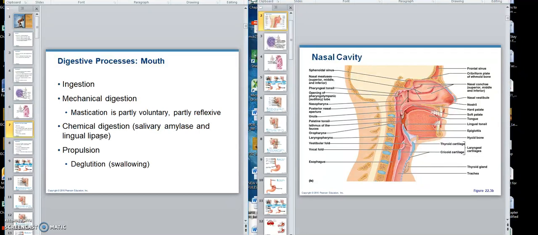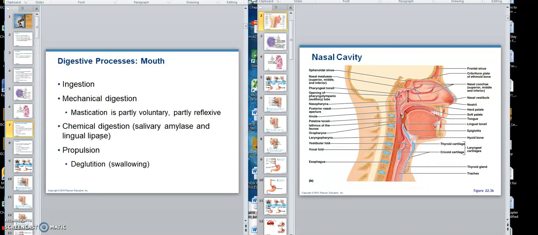You first start your mechanical and chemical breakdown in the mouth to get things started. In the mouth, you chew it up into pieces called boluses.